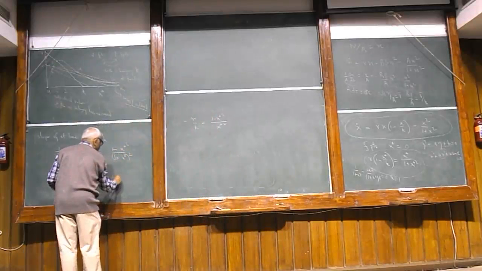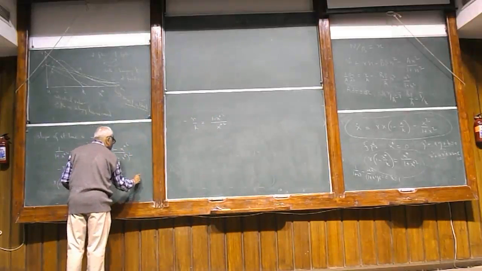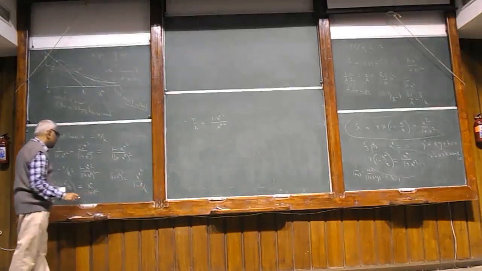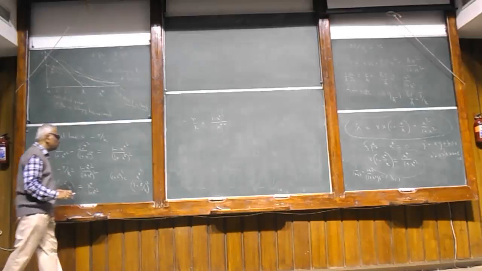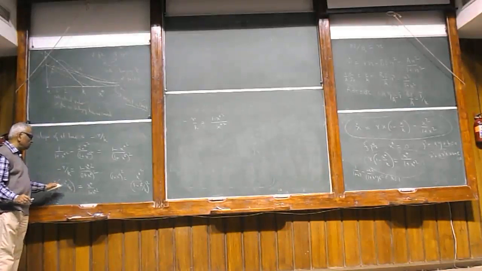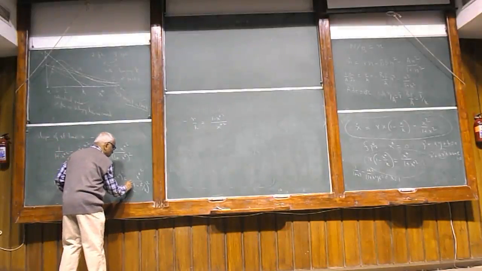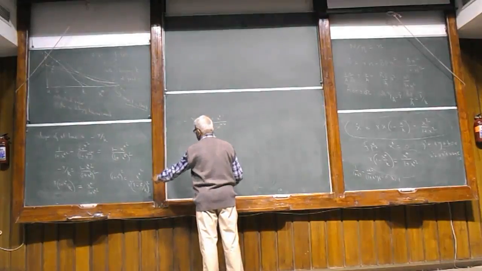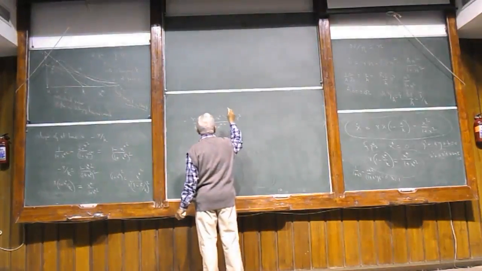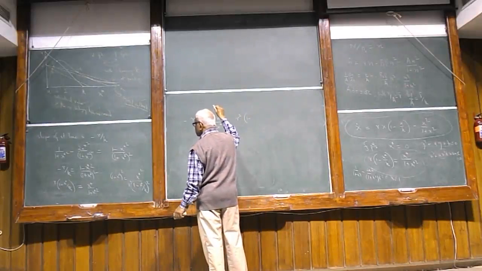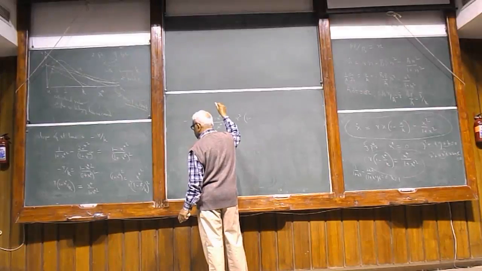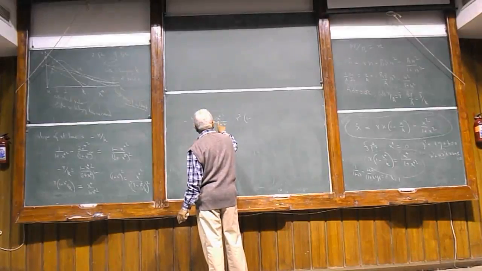So 1 plus x star whole square is equal to x star square divided by r square into 1 minus x star over k whole square.